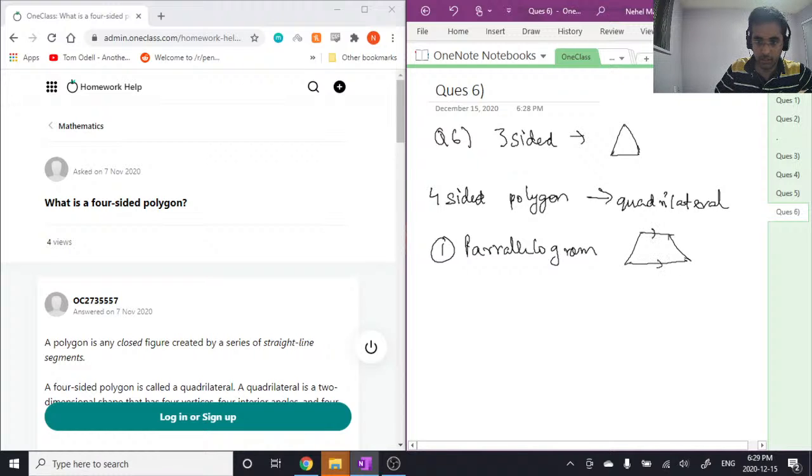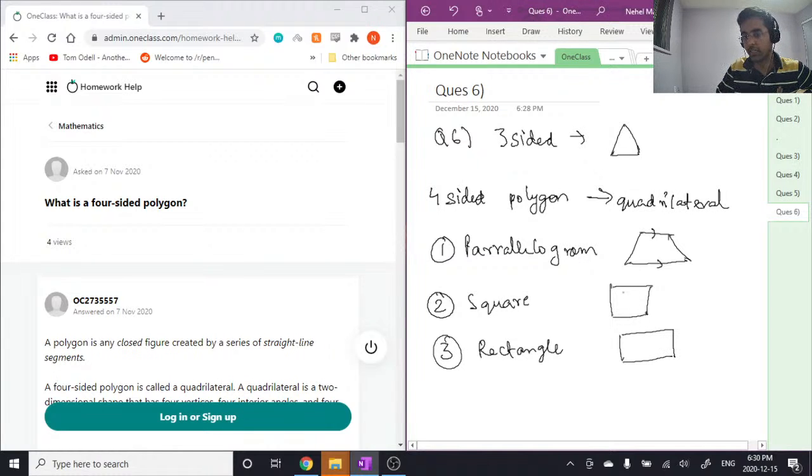So these two sides are parallel. Then we can also have the most commonly used ones, a square, which has all sides equal, and a rectangle. These are different types of four-sided polygons. These are all quadrilaterals, but since they have varying properties, they are all given their own respective names as well.